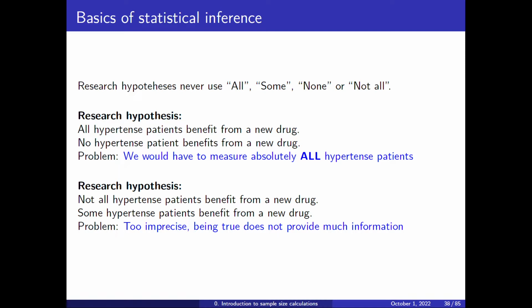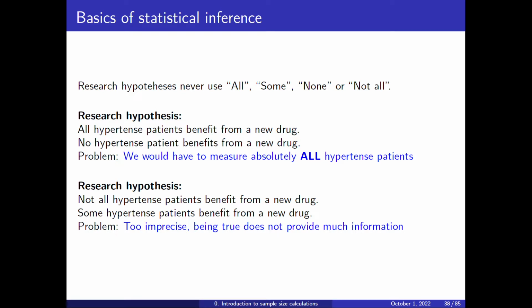Research hypotheses also cannot be so ambiguous as this: not all hypertense patients benefit from a new drug, or some hypertense patients benefit from a new drug. These statements are so vague that they convey very little information. So here comes the need for specifying the effect size and the statistical power.